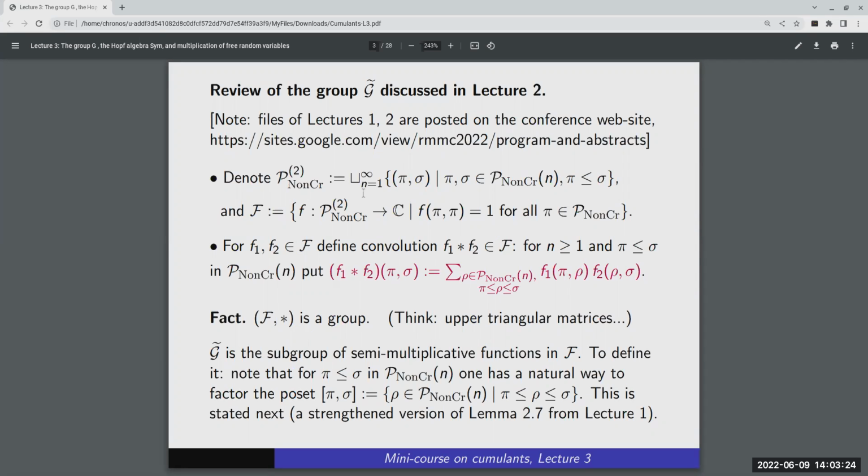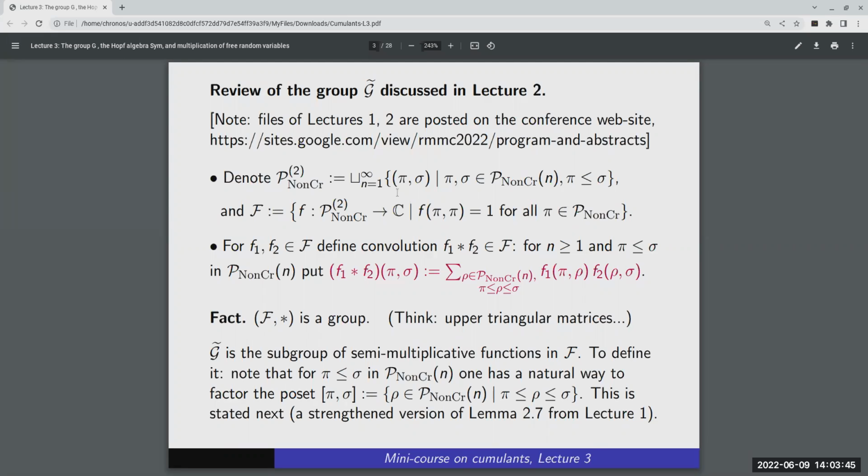We look at the collection of pairs pi sigma, which are non-crossing partitions of 1 to 3, where pi is less or equal to sigma in the reverse refinement order. We think of them as encoding an interval in the lattice of non-crossing partitions.